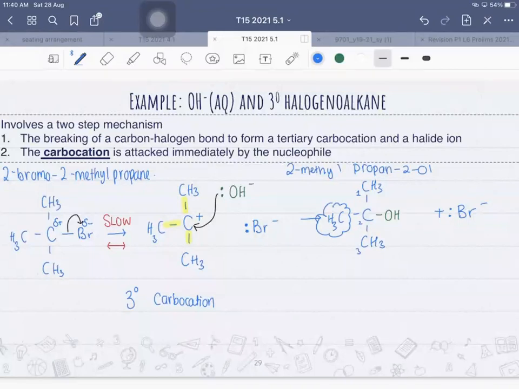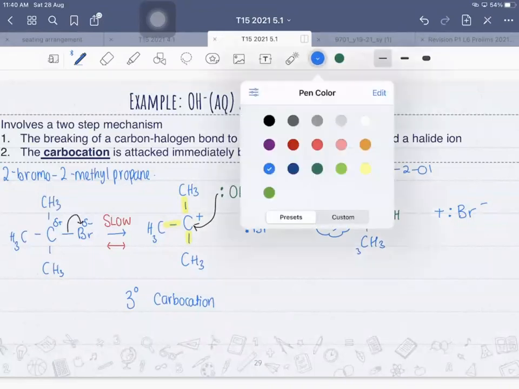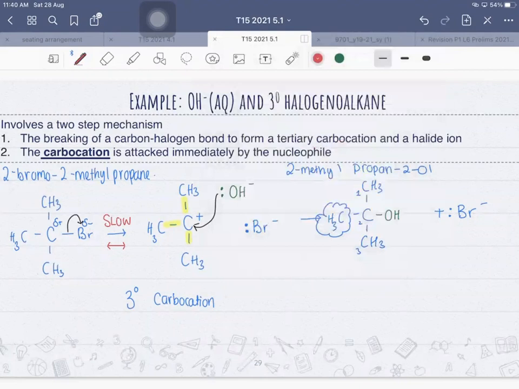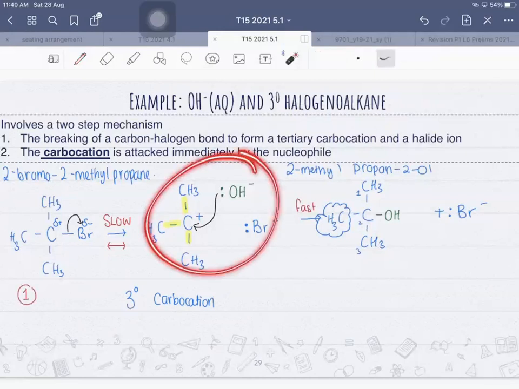So you may copy this down, slow and fast. Don't worry about the slow and fast, the rate, at the moment. So this first step is happening here, where the carbon-bromine bond is broken. And then the second step is happening here, where the nucleophile comes in to attack.